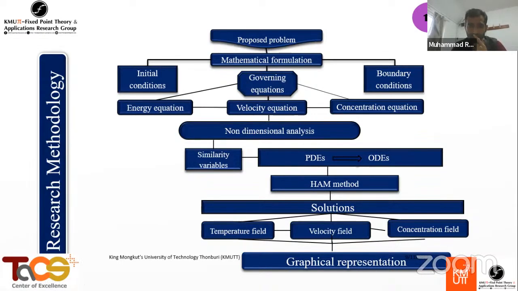Then we have some similarity variables. After applying these similarity variables on the partial differential equations, they can be converted into ordinary differential equations in dimensionless form. After this, the HAM, homotopy analysis method, is employed to find the solution of the temperature field, velocity field, and concentration field in graphical form.